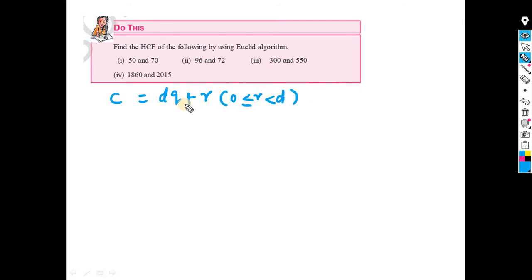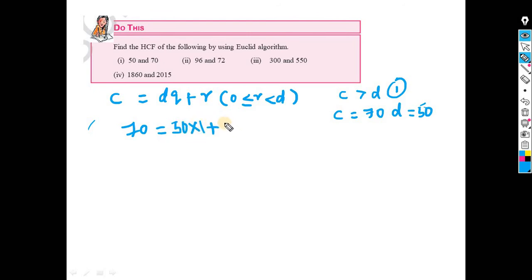Here C is greater than D, as we discussed. So my C value will be 70 and D value will be 50. Now I write the bigger number: 70 is equal to 50 into 1 plus what is the remainder?